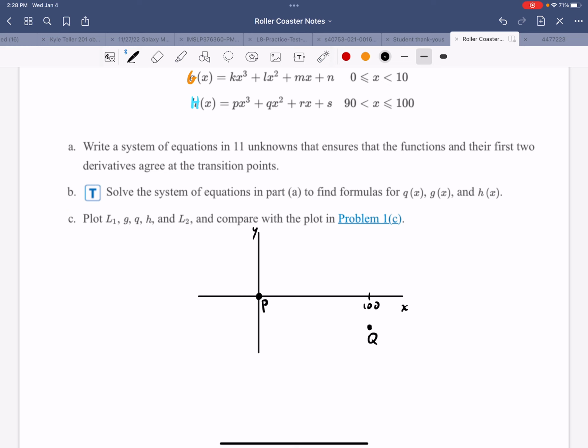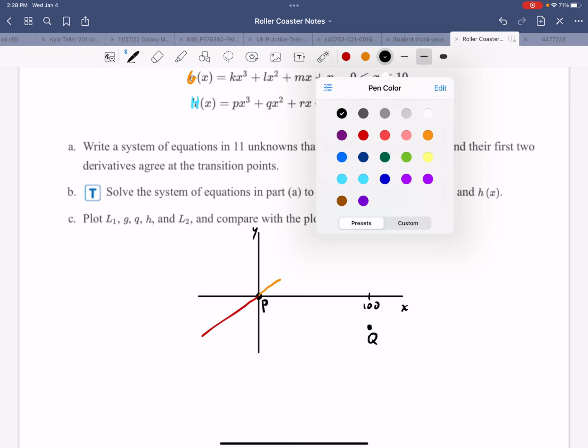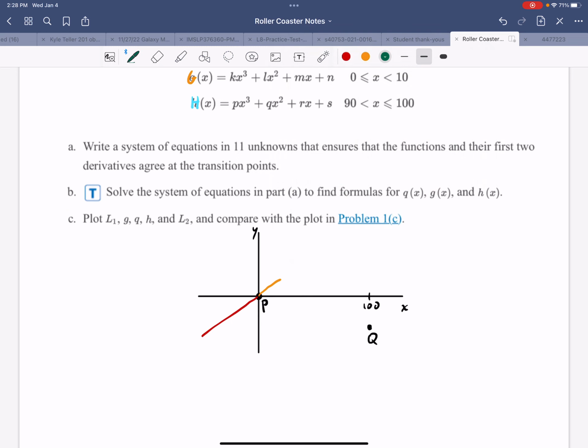That has not changed. Nor has L1 changed. That's still a straight line, slope 0.8, 0.8x. But now we have a cubic g that is pretty close to linear, but it is a little curvy. Then we're going to have the parabola phi, which is going to dip down like this. It goes up and then it goes down.